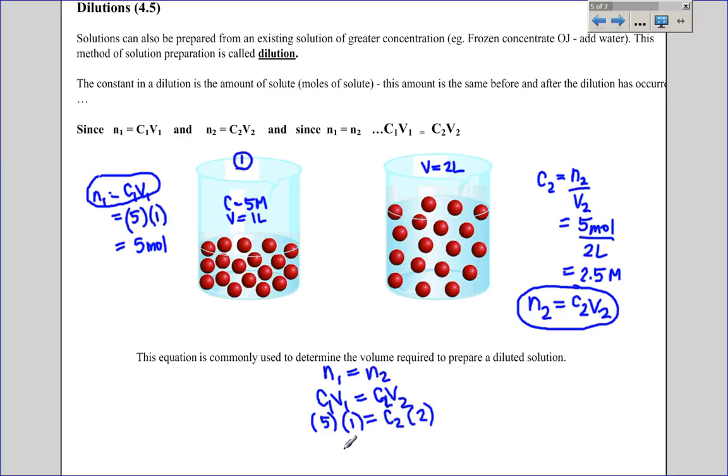So when we do this math to find C2, we're doing 5 times 1 and dividing by 2, and we're left with 2.5 molar. So whether we solve in 2 steps or in 1 step using the dilution formula, we get the same concentration of our final solution.